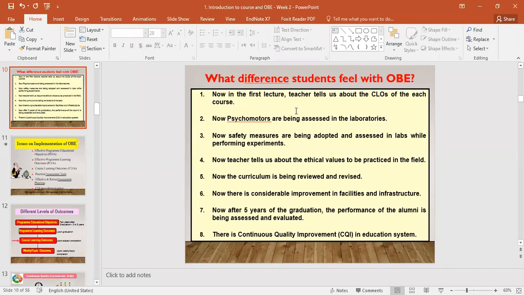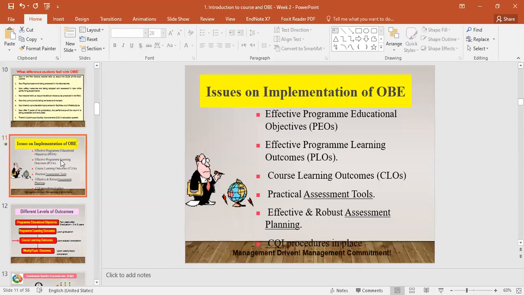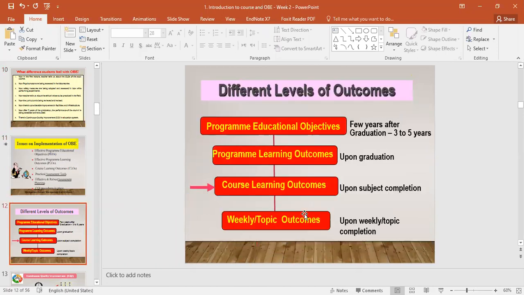Psychomotor domains are assessed in the laboratories, and when this pandemic ends, inshallah, and you come to the university, you will see some banners and charts showing the purpose of the psychomotor domains, and the assessment methodology of the psychomotor domains, the affective domain and others. So you will see that as well.